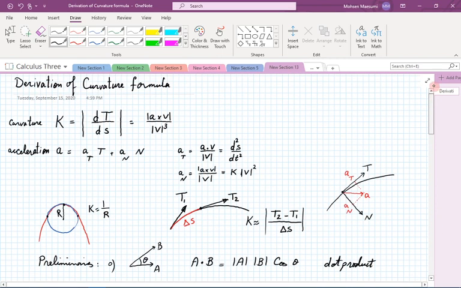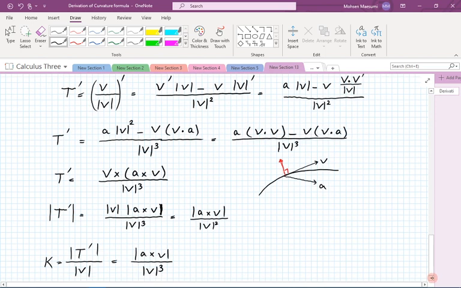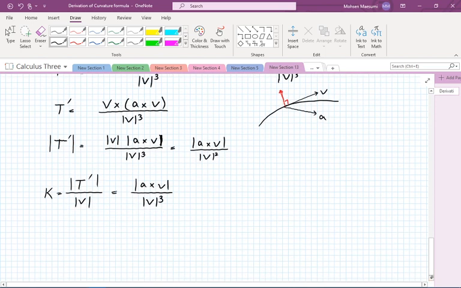That's what we wanted to show, that the curvature that started as this definition has this alternate form, a cross v, acceleration cross velocity over cube of speed. That was our derivation. Now to the next observation.